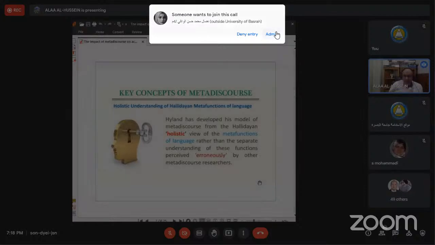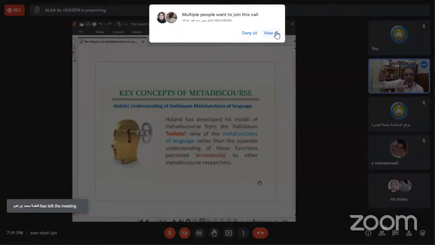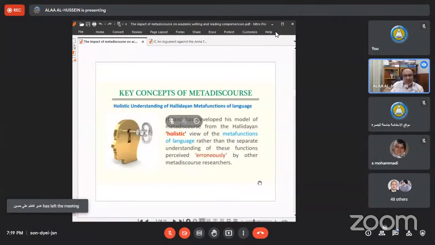When we understand the meta functions separately, for example, I'm going to give you an example. If we know the ideational function of language and we separate it from the textual function of language, the language or any text doesn't give us separate and individual functions of language.